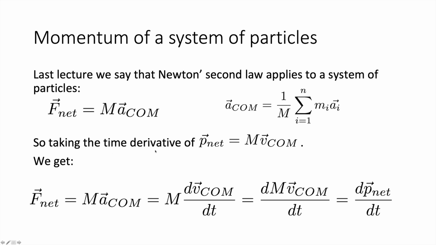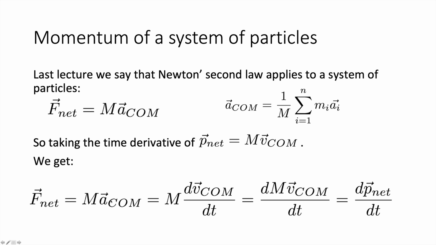So if we take the time derivative of our equation that the net momentum is equal to the total mass times the velocity of the center of mass that we just derived on the last slide, then we get dp net dt, and the derivative of the mass times the velocity of the center of mass is equal to the mass times the derivative of the velocity of the center of mass, which is just the acceleration of the center of mass.